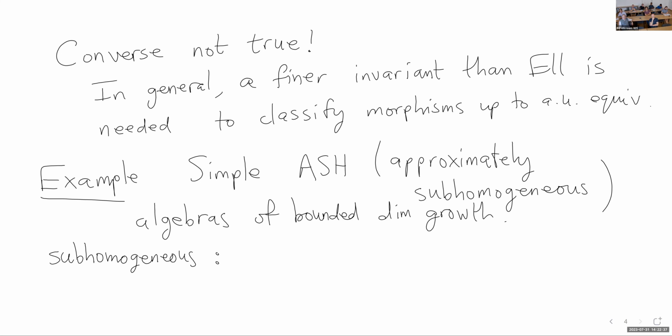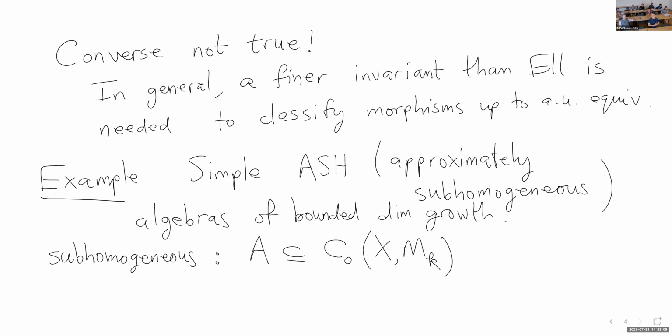So it's a subalgebra of continuous functions, let's say for this definition, it could potentially be non-uniform, from some locally compact Hausdorff space into some matrix algebra. Okay, so that's what subhomogeneous means.